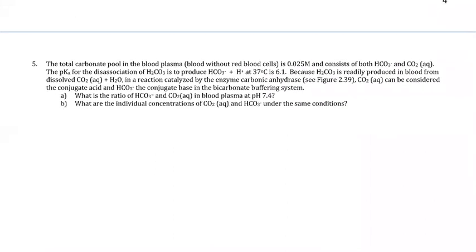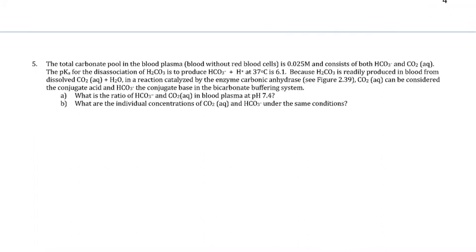So here we're talking about blood plasma, and this is how blood plasma works, right? We have HCO3 minus and carbon dioxide inside of your bloodstream. And so what's going to happen is that those two are going to combine and you're going to get H2CO3, right?